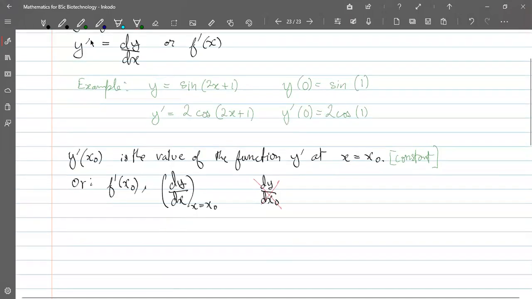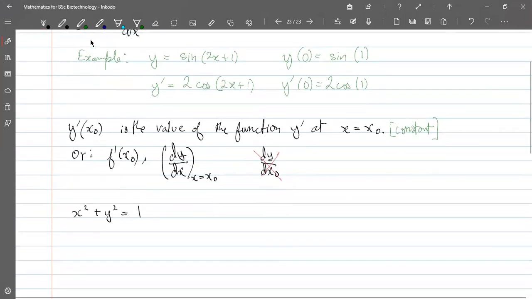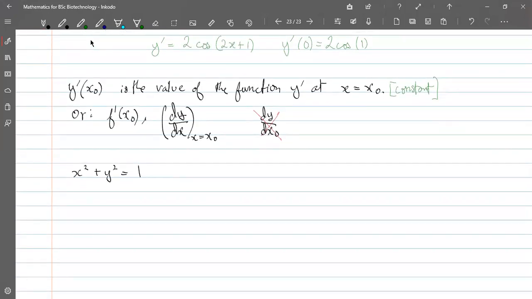Now when we have implicit derivatives, so for example, x square plus y square equal to say 1, the circle, right? Here we found the derivative implicitly. We did not write y is equal to f of x and then differentiate. In the previous class we differentiated like this implicitly. So 2x plus 2y dy by dx is equal to 0.